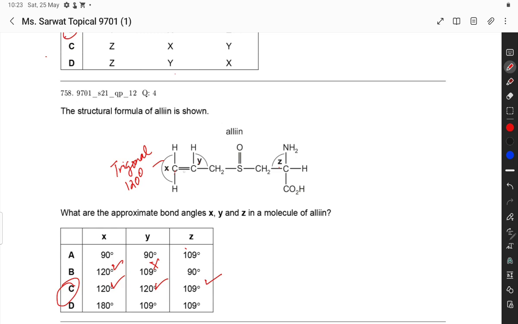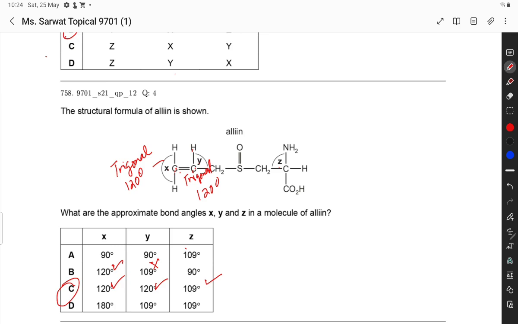Y is also surrounded by 3 other atoms, also trigonal planar and 120 degrees.